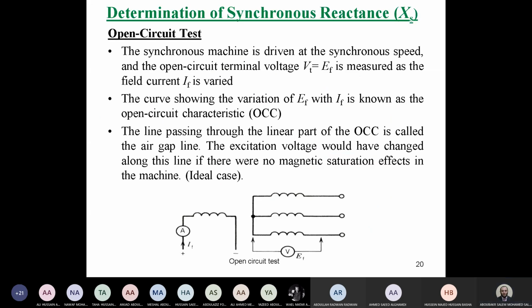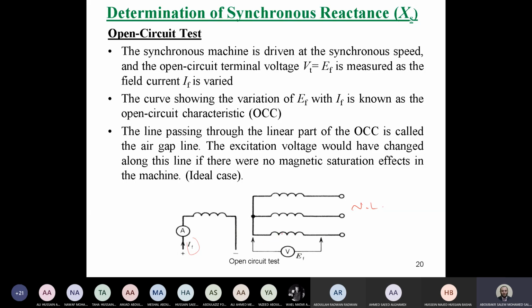So let's say, guys, we have a synchronous machine like that. This is the winding. We have here the field winding, and we have the 3-phase stator winding. In the open circuit test, we leave the stator open circuit, which means no load, and we change the value of the field current and record the value of the obtained voltage.